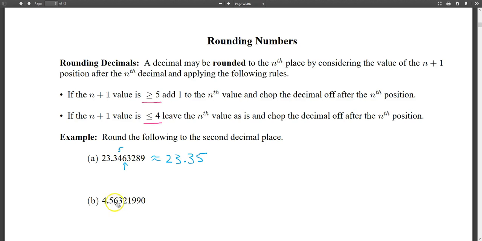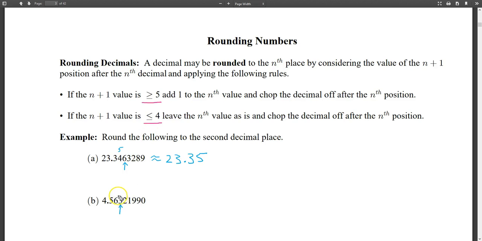Let's take a look at this one. So we have 4.563219990, and we want to round it to the second decimal place. So we look at the third decimal place, which in this case is a 3. Well, that is less than or equal to 4.